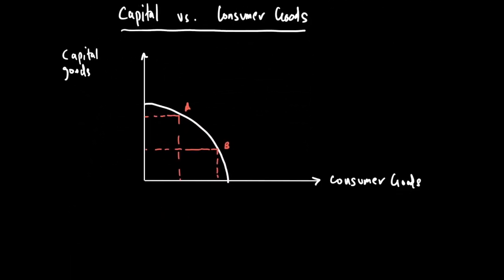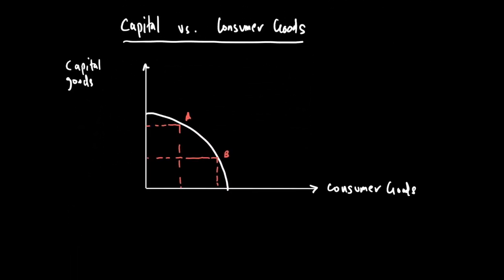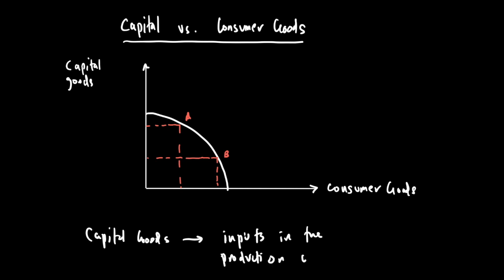So let's say a country is making two kinds of goods, either capital goods or consumer goods. Now, what are capital goods? We say capital goods are those goods which are inputs in the production of other goods.